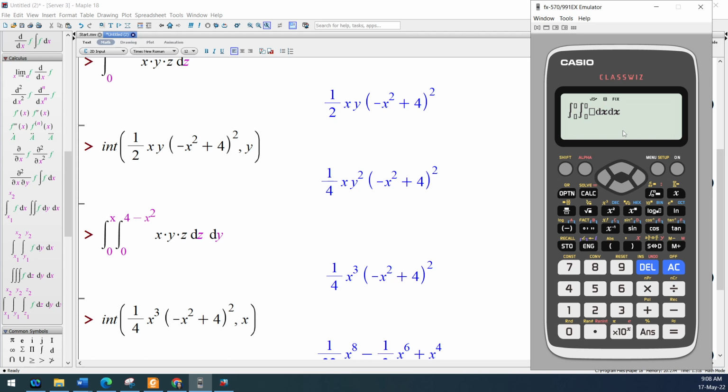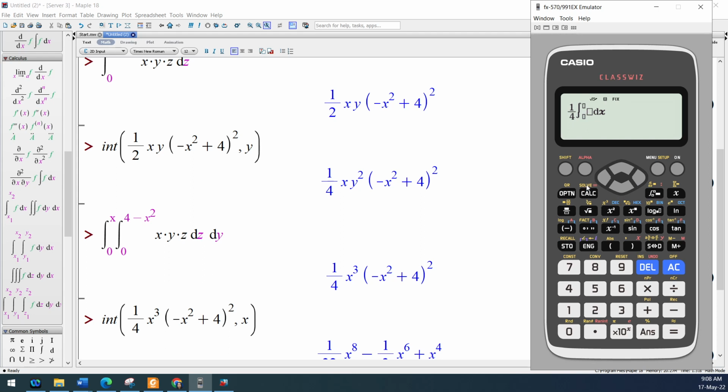Oh, but you cannot do double integral, they always dx only. Okay, integrate outside, you have 1/4. Okay, and then you integrate x cubed.